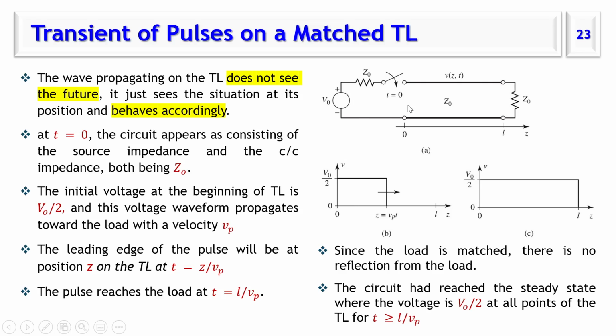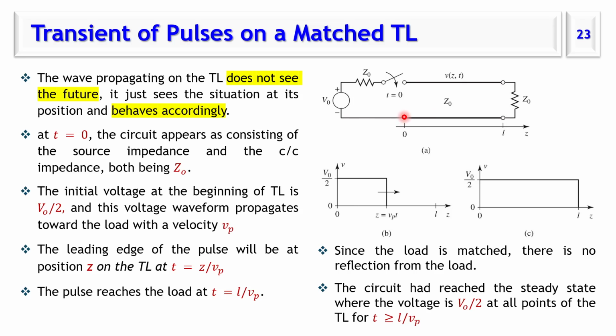This potential will propagate with the phase velocity till it reaches the load. So at time equals 0, we have the potential here equal to V naught over 2, and it's 0 everywhere else.